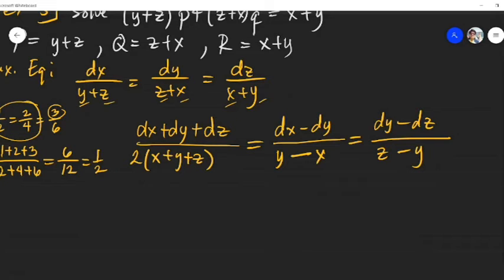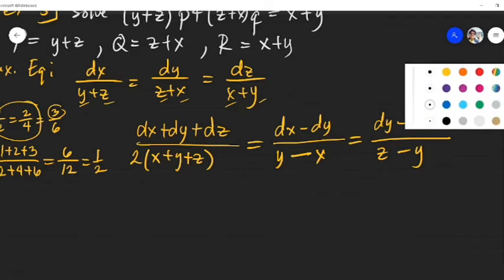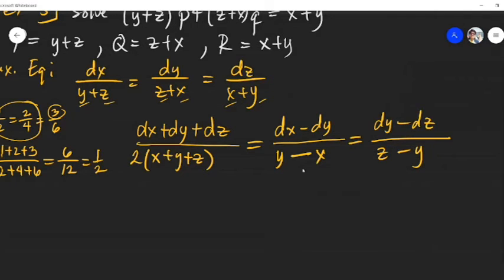And by the looks of it, the last two fractions are just equal to a negative of the derivative of x minus y over, we have the negative, so we change the signs in the denominators, x minus y.